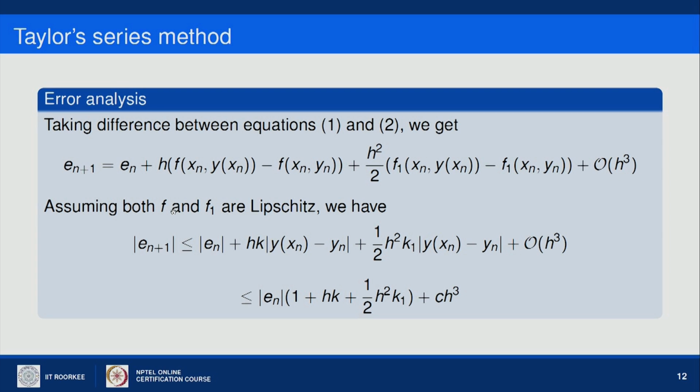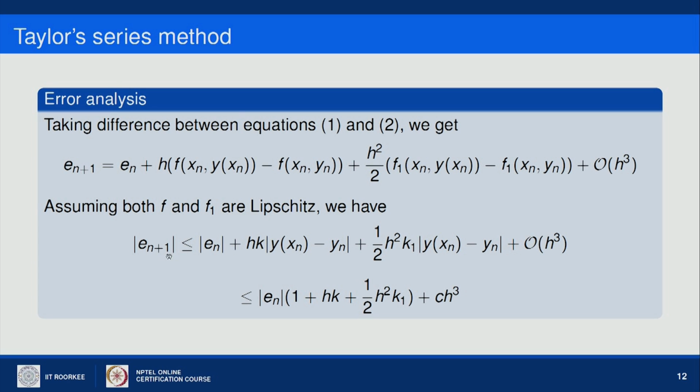If we assume that both f as well as f1 are Lipschitz continuous, then we can replace these two expressions in round brackets by the definition of Lipschitz continuity in this way.